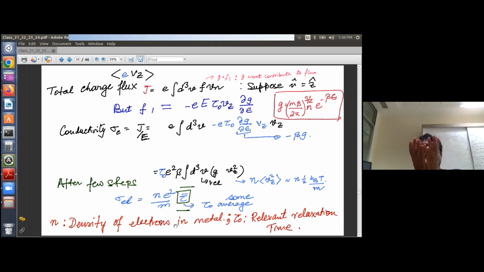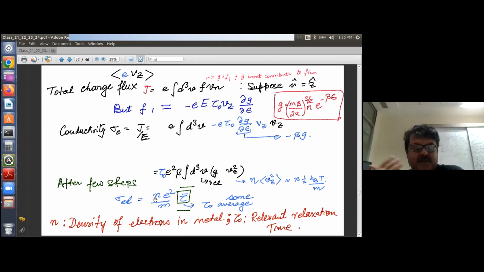Those are the ones which get accelerated and contribute to the conductivity. And so the n that you should use here is those, and you can get the value of the density of electrons contributing to the conductivity from Hall measurements.